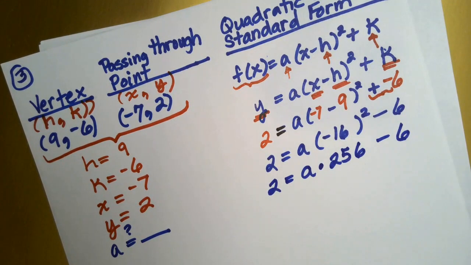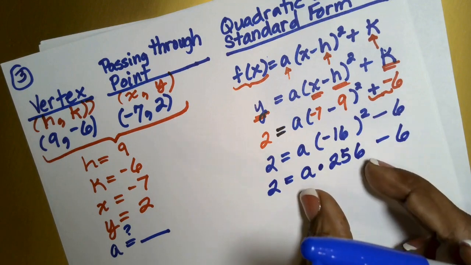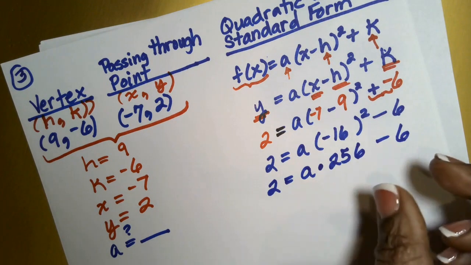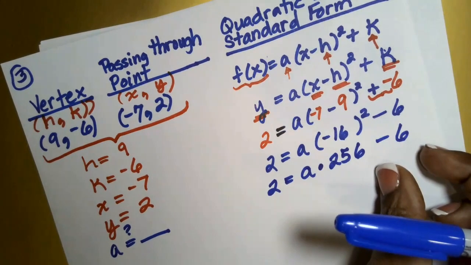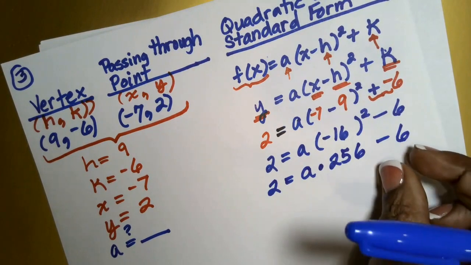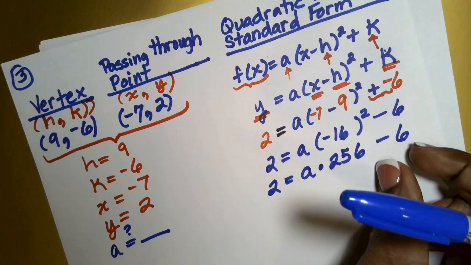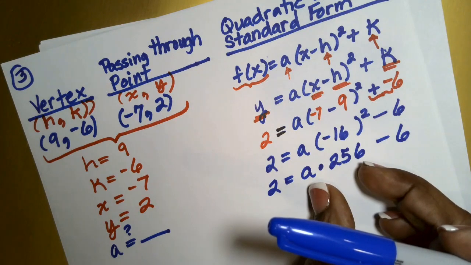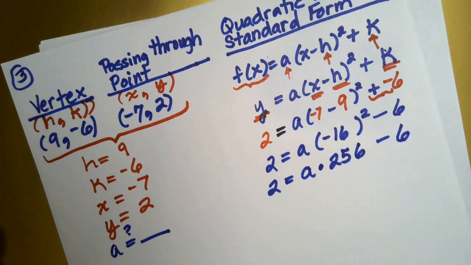Now we have 2 operations on the right preventing a from being alone, and we want to isolate a. We have times 256, and we have subtract 6. We're going to focus on eliminating subtract 6 first, then we'll eliminate the times 256.